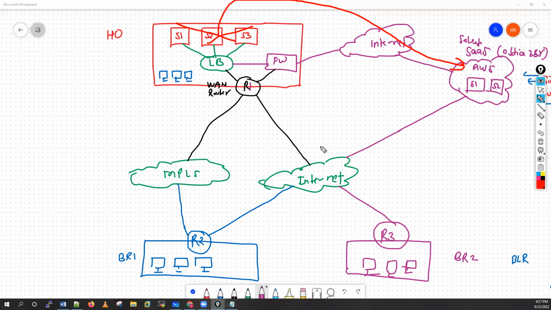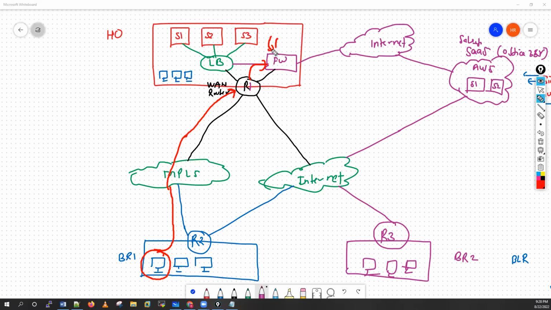Now, in traditional WAN, what used to happen? If this PC wants to access any application which is hosted on the AWS cloud, how does it have to send the traffic? It has to send the traffic to MPLS. Then that traffic goes to your WAN router, and after that to your firewall, because all the security policies we have are here.